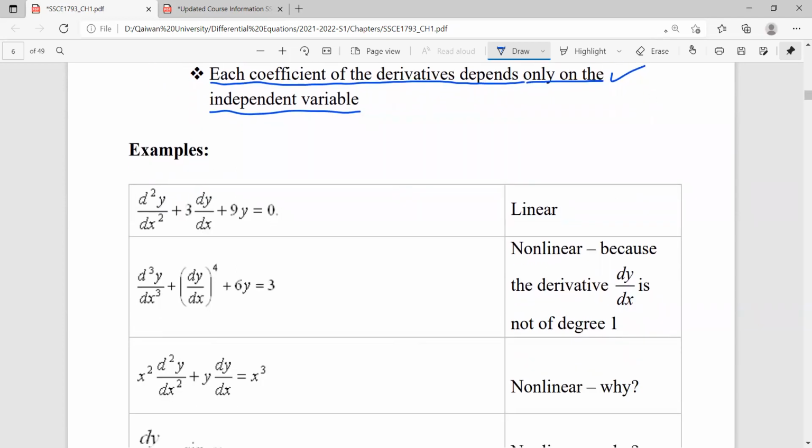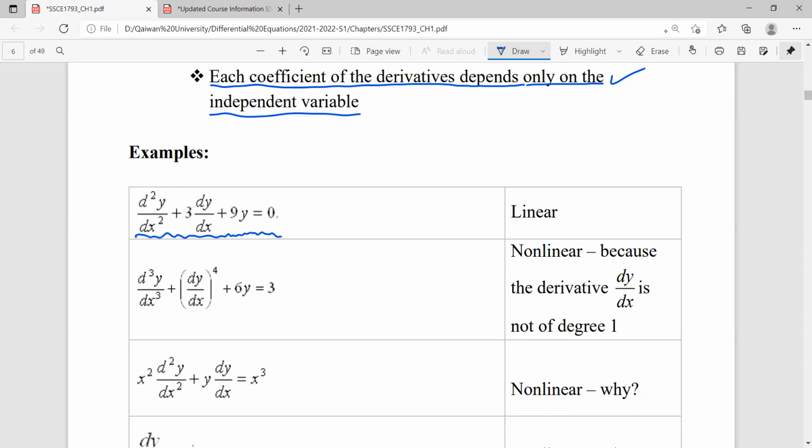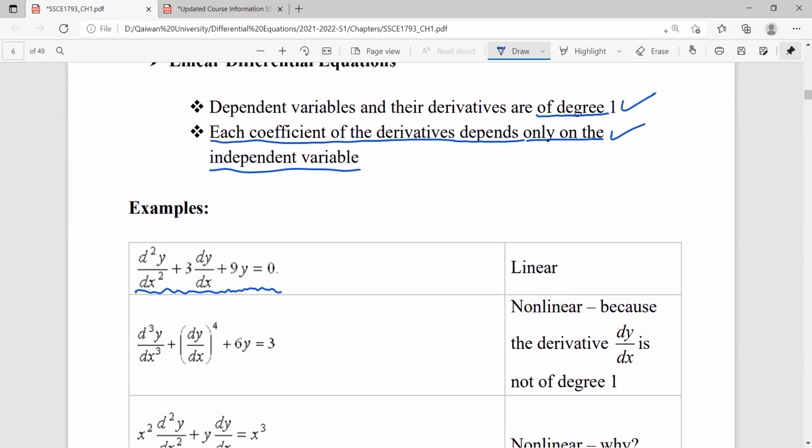Here we have some examples. The first one: d squared y by dx squared plus 3 dy by dx plus 9y equals 0. Let's check if this equation satisfies these conditions or not. The first condition says the dependent variables and their derivatives must have degree 1.